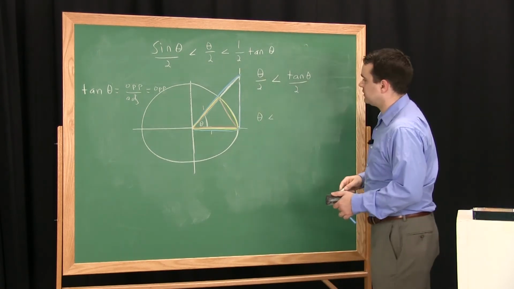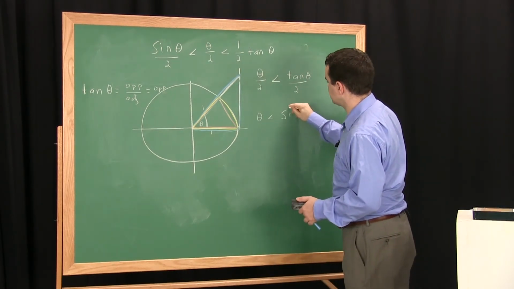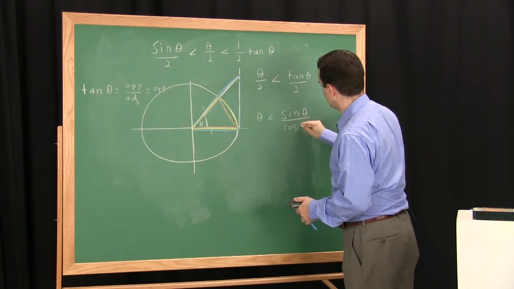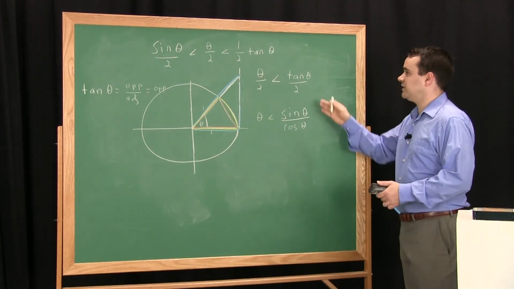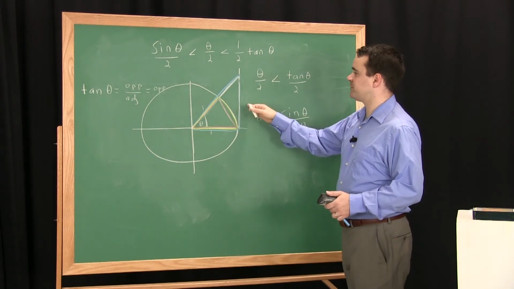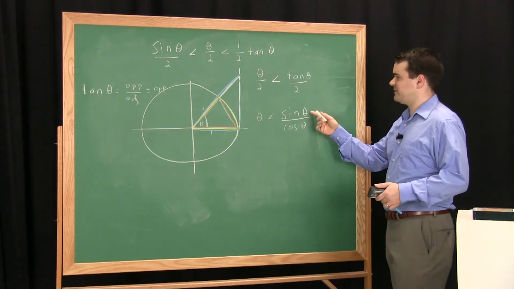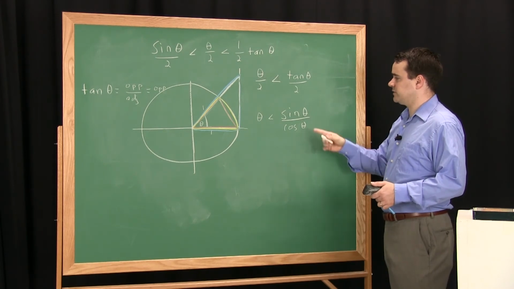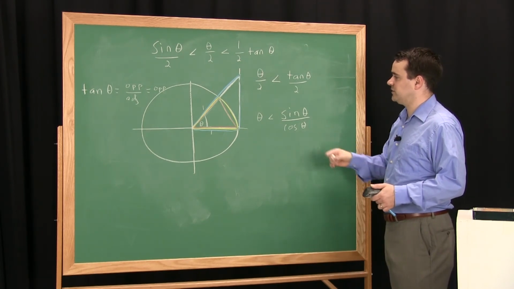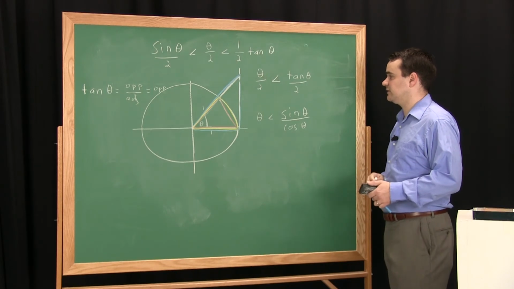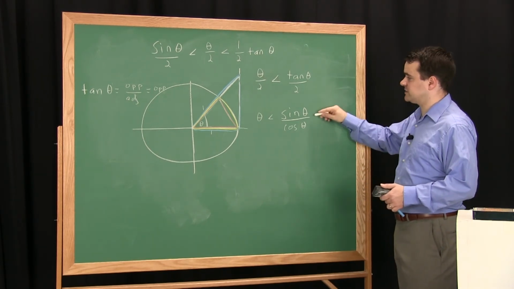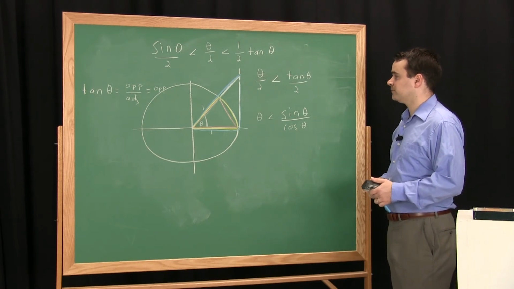And tangent theta, now I have to remember that tangent theta is sine theta over cosine theta. It's also opposite over adjacent. And if you expand this out to opposite over hypotenuse divided by adjacent over hypotenuse, then you'll see a cancellation and you'll get that formula. But another way of thinking of tangent is just sine theta over cosine theta.